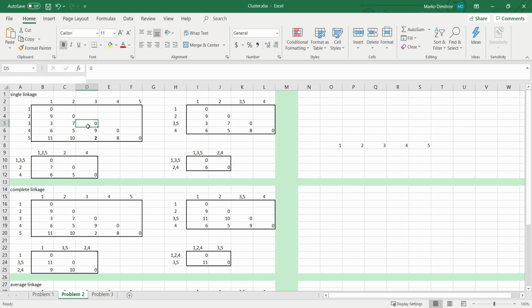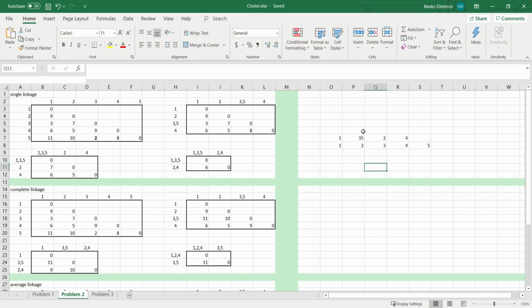So in our first step we merge individual 3 and 5 into one cluster, so we do not have a separate 5. We put 3, 5, and here 1, 2, 4.